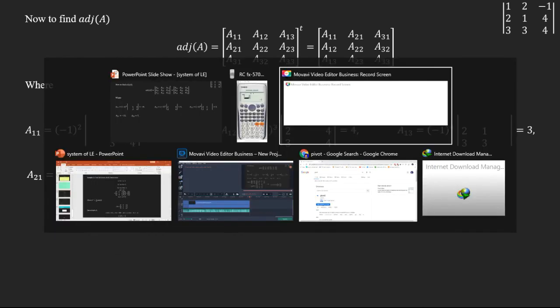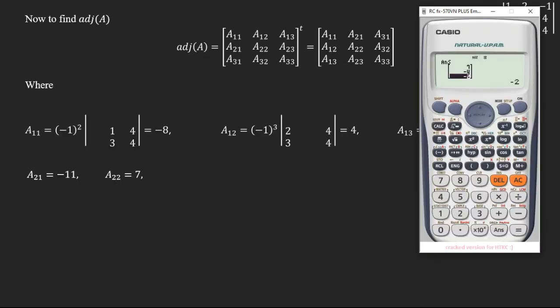Let us see how to find the adjoint of A. First we will find the determinant of A. 7 is for determinant, then you press shift 4, and matrix A is on 3 because we want the determinant of matrix A. When you press the equal button, the determinant of matrix A is -3.